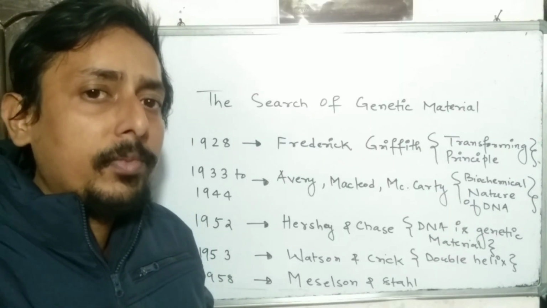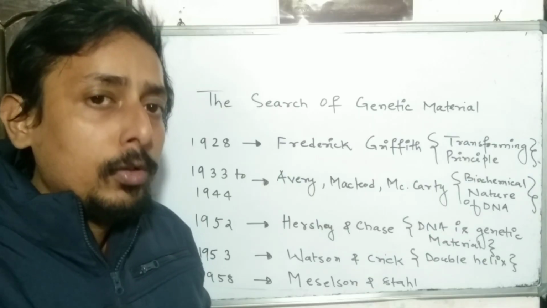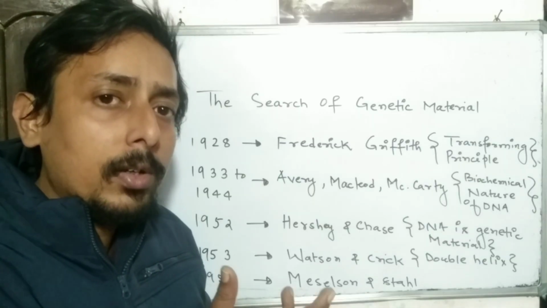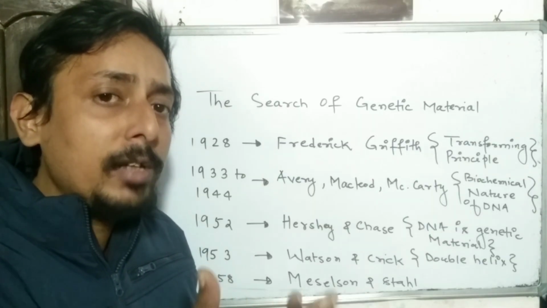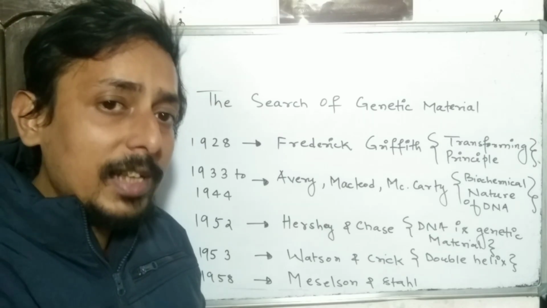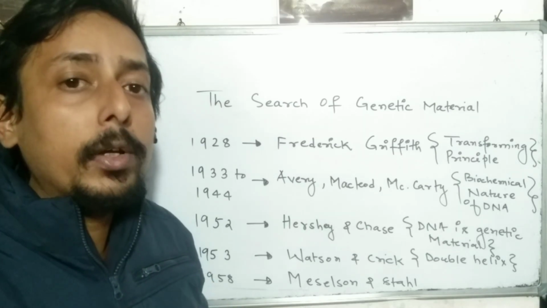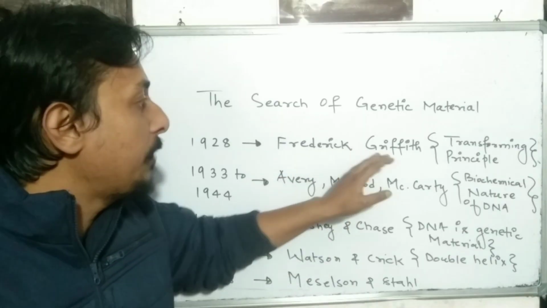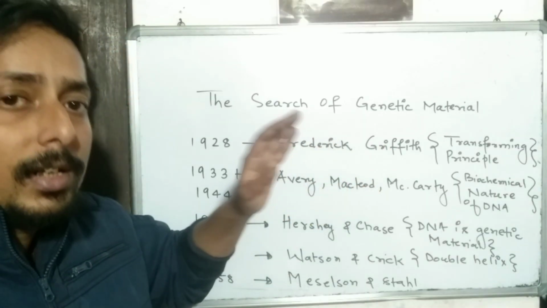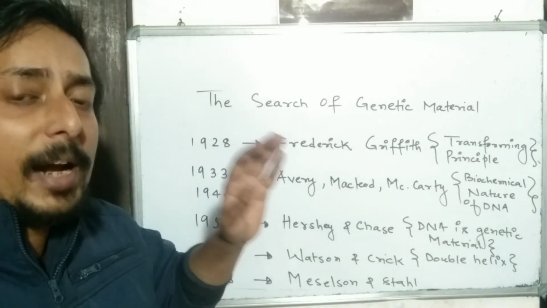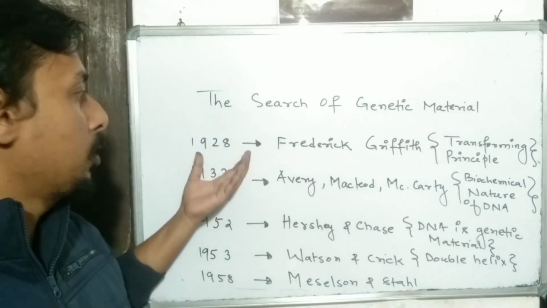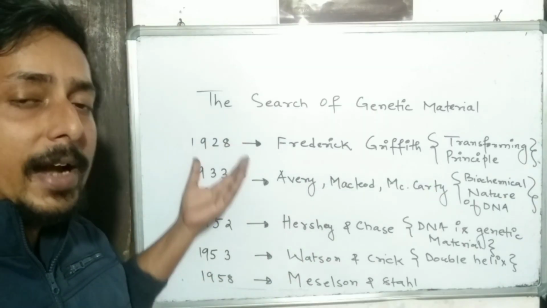For example, if a bacterium is dividing, there is some material in the old bacterium that is transferring to the new bacterium. This material is called the genetic material. But what was this? No one knew. Griffith used the bacterium Streptococcus, in a very famous experiment in 1928.